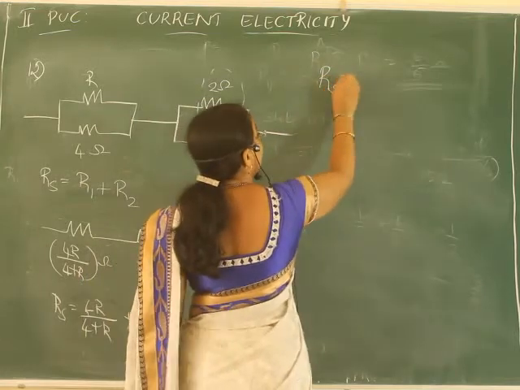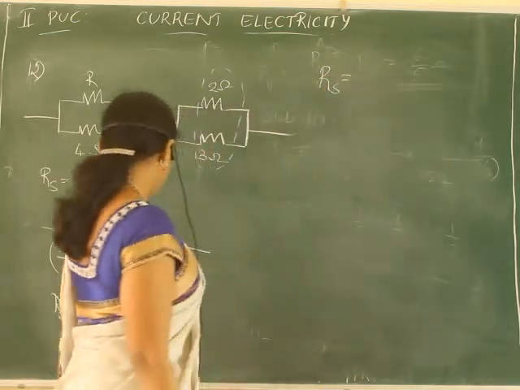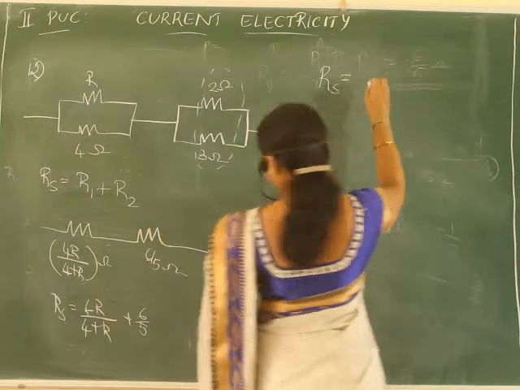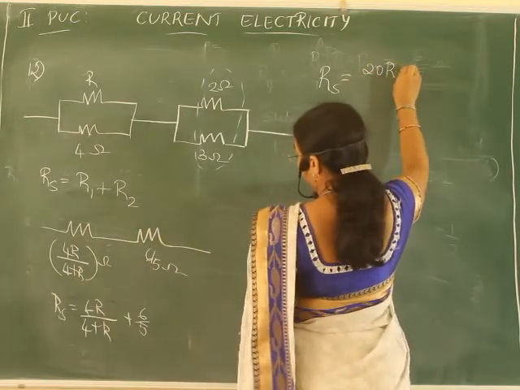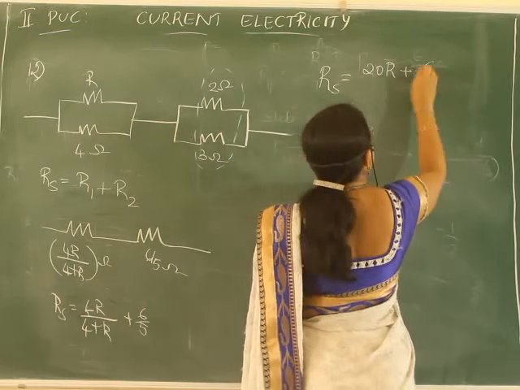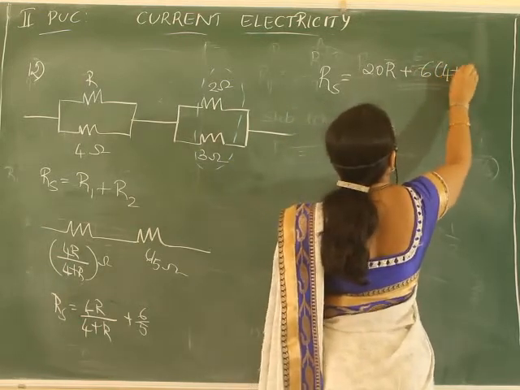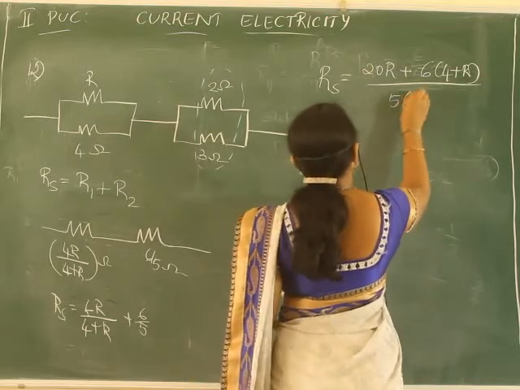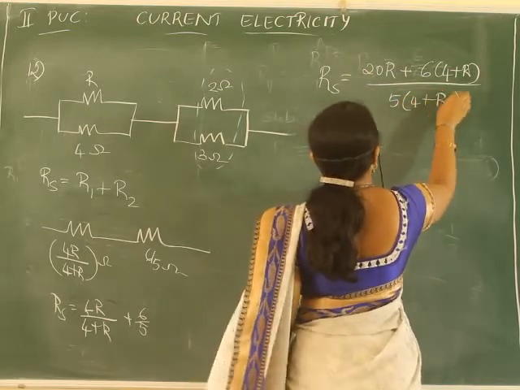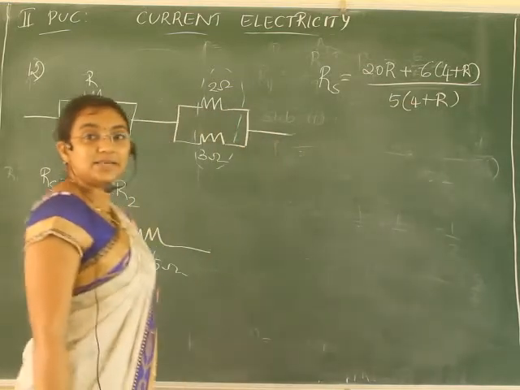Okay. Rs is equal to 20R plus 6 into 4 plus R divided by 5 into 4 plus R. Correct? LCM.